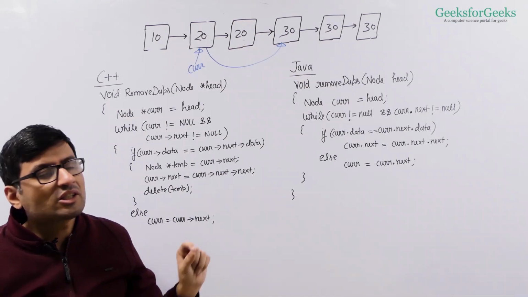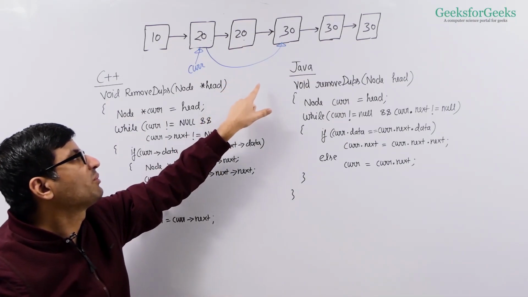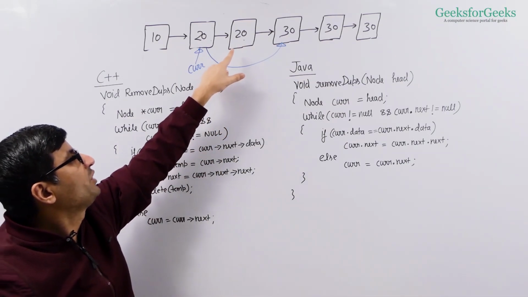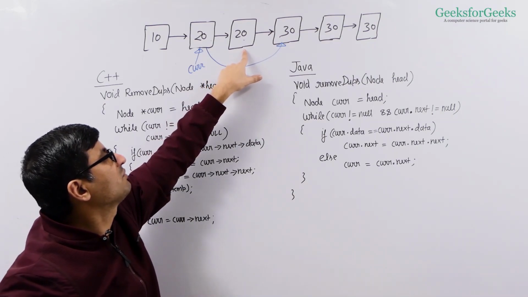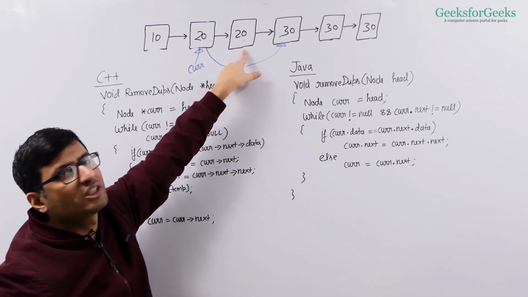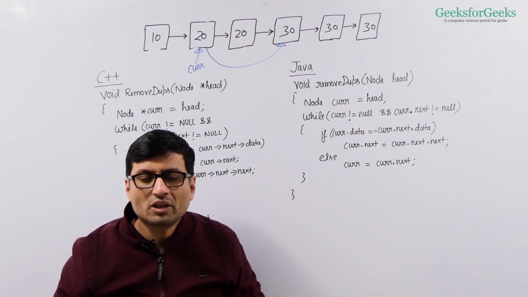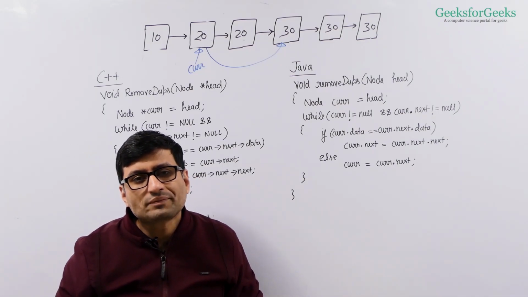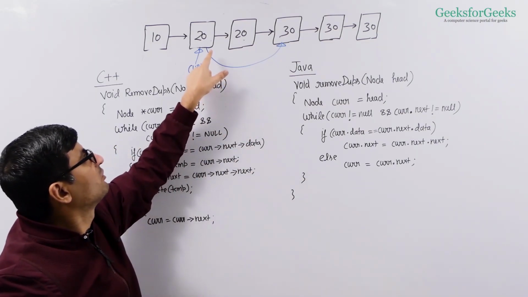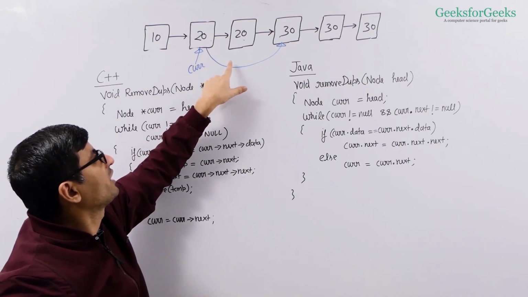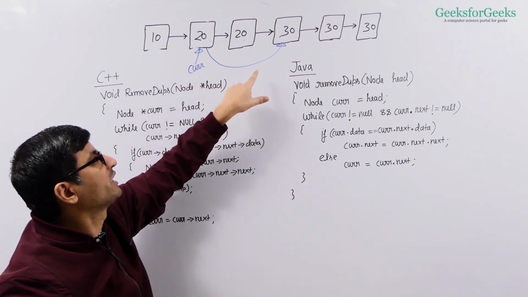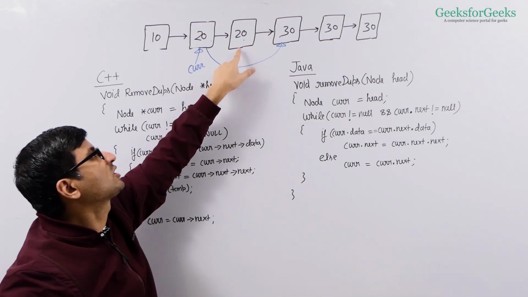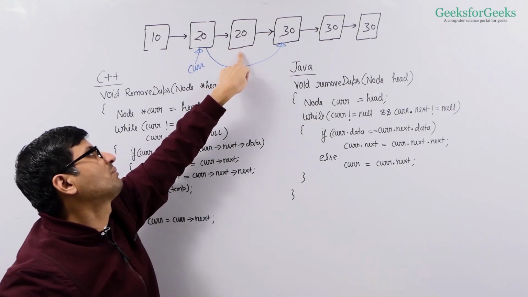In C++, we also want to achieve the same thing, but we also want to ensure that this memory is deallocated. Otherwise, there will be memory leak in this program. So how do we deallocate this memory? Before we change current arrow next equal to current arrow next next, we need to store current arrow next in a pointer variable.